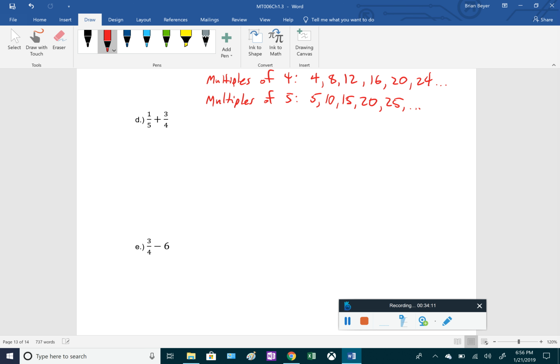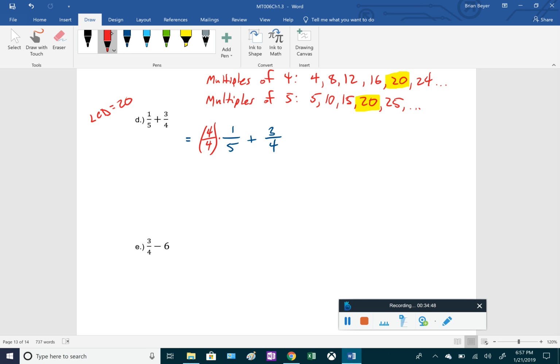Okay, so the smallest number that they have in common is going to be 20. So that means the LCD equals 20. So we have to think, how can we rewrite both of these numbers so they have a denominator of 20? We do this by multiplying. In order for 5 to get to 20, we have to multiply it by 4. But we also have to multiply the numerator by 4 because we can't change it. 4 over 4 is just equal to 1.